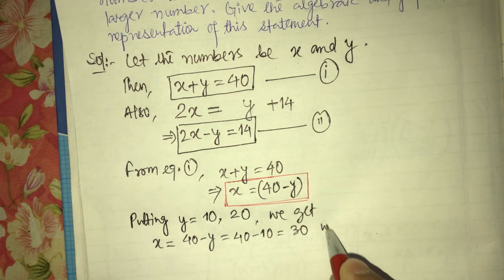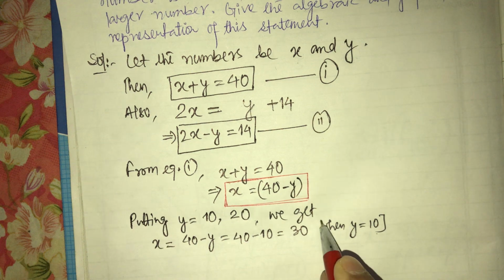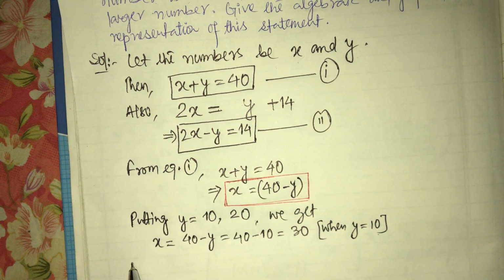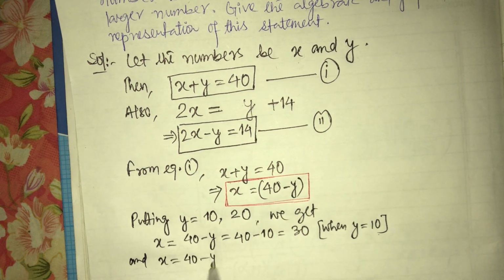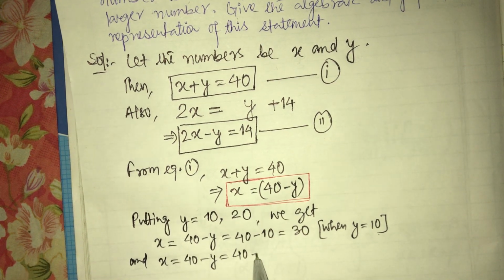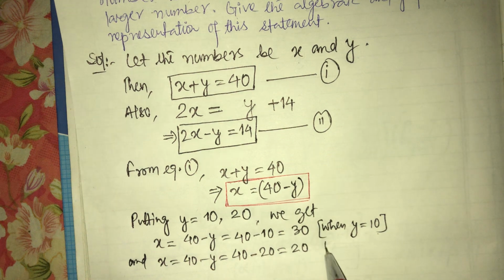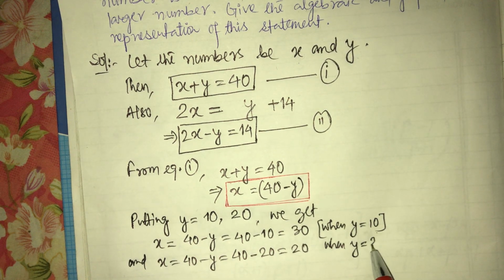So let me write here when y is equal to 10. Now we'll go for the second value, x equal to 40 minus y. The second value of y is 20. So 40 minus 20 gives 20. So here when y is equal to 20.